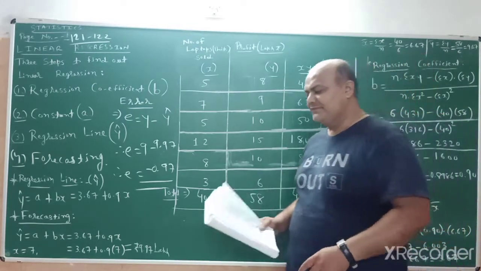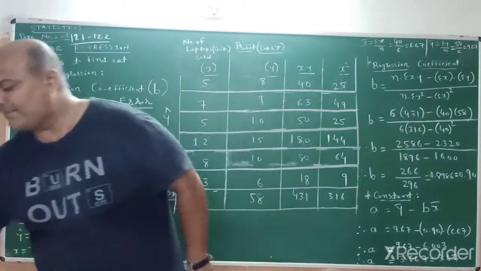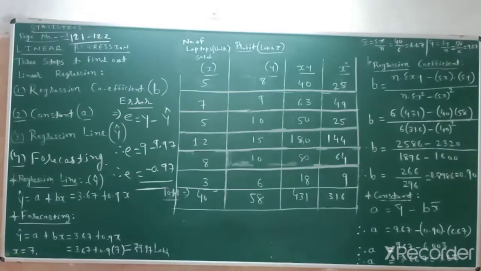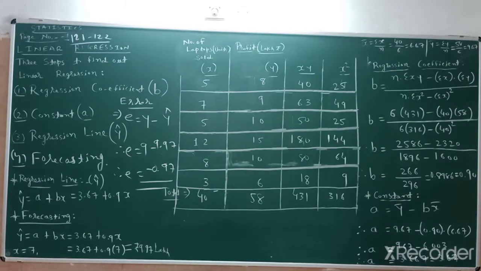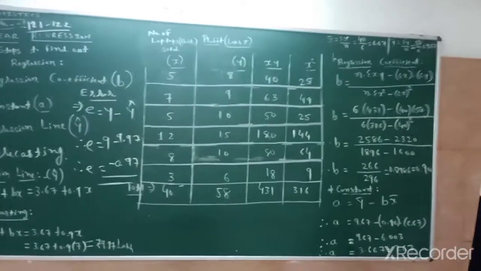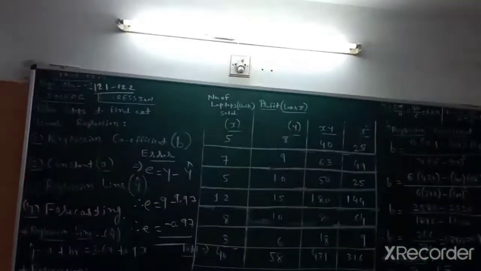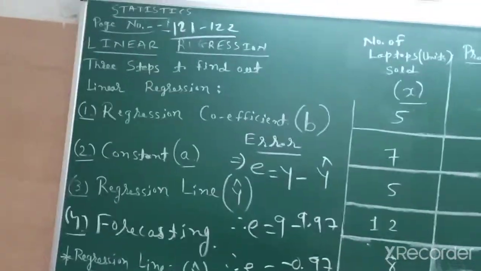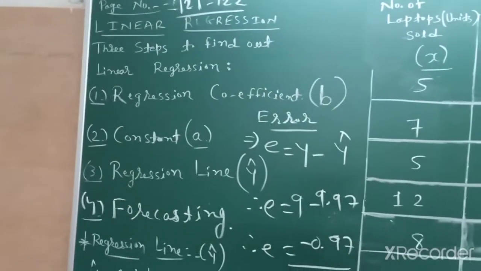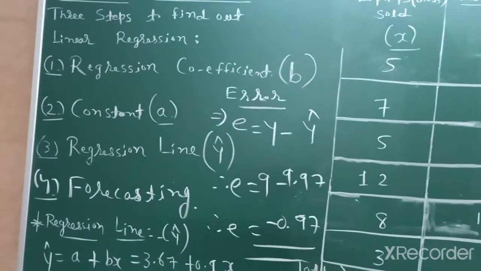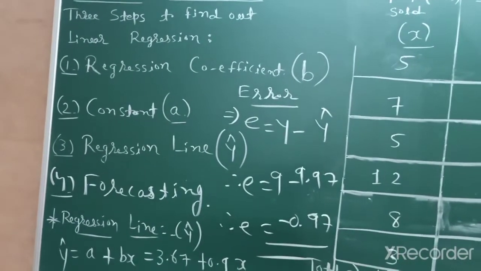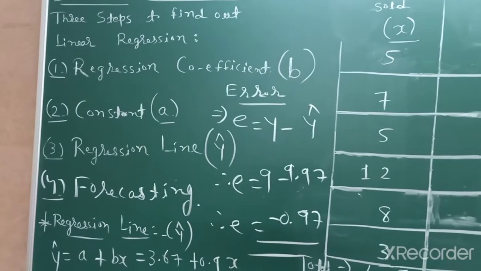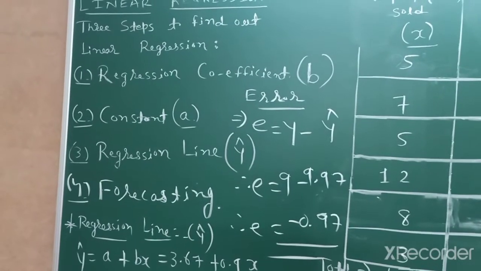So students, fast recap as per our style. At the end of each sum, I would like to explain and revise the whole sum for you. In this particular sum of linear regression, that is page number 121 and 122, there are 3 steps to find the regression line: regression coefficient, that is B, constant A, regression line y cap, and forecasting.